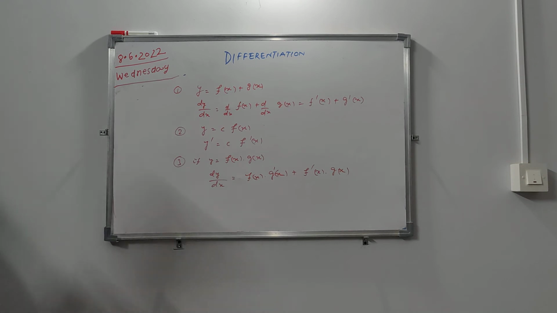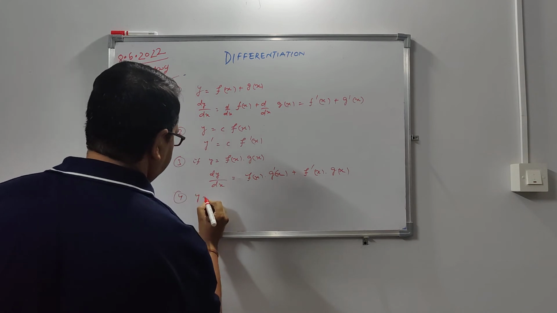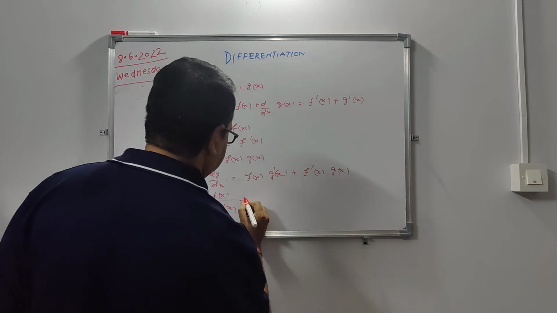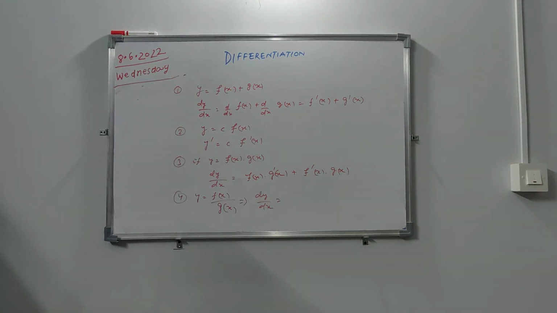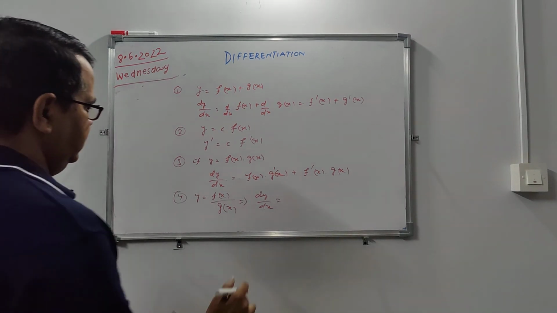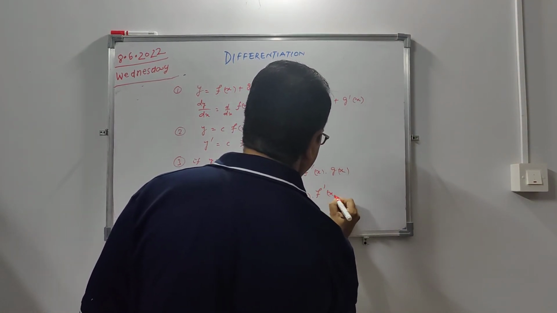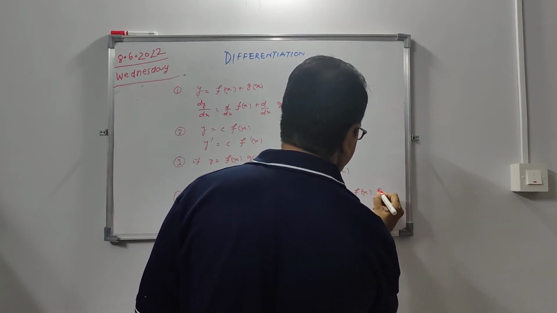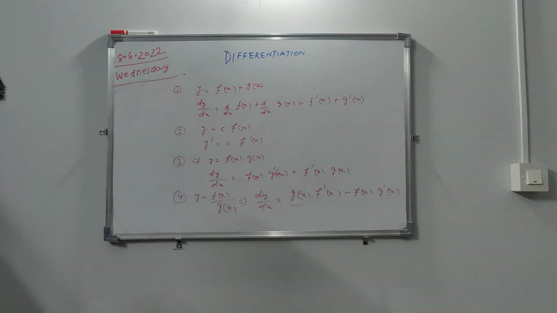Similarly, there is something called the quotient rule, which is very important. If y is equal to f(x) by g(x), then dy by dx is equal to g(x) into f dash x minus f(x) into g dash x, divided by g(x) whole square.